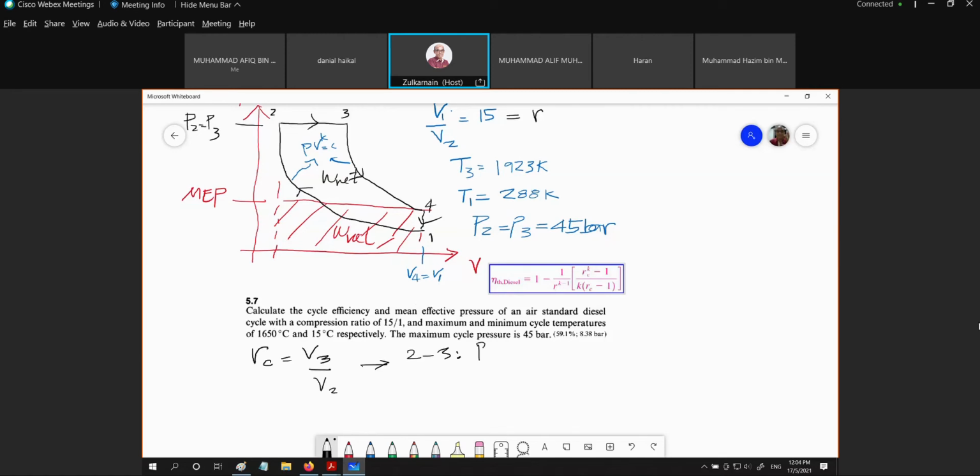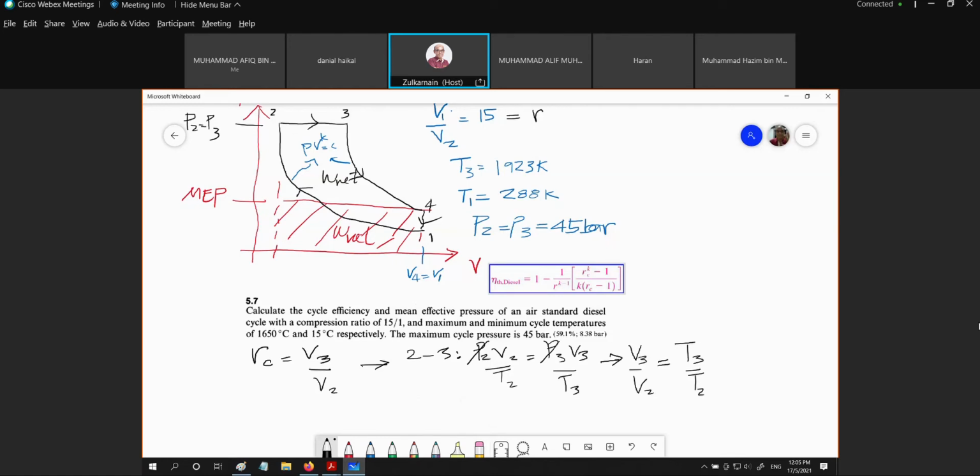So this is P2 V2 over T2 equal to P3 V3 over T3. And we know that the pressure is the same. Then from here, we can get V3 over V2, which is equal to T3 over T2.